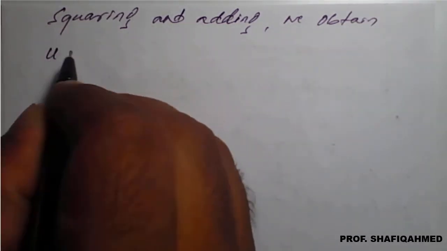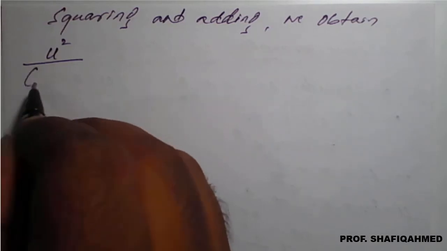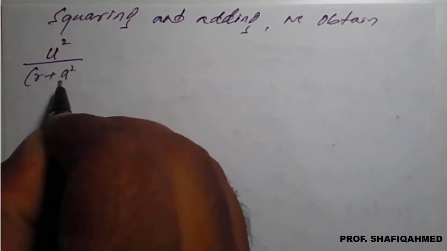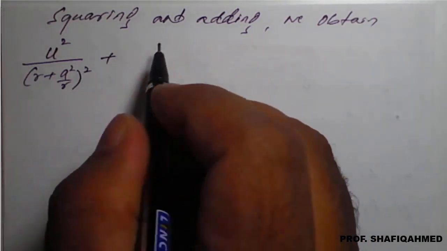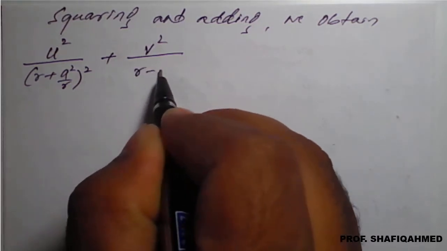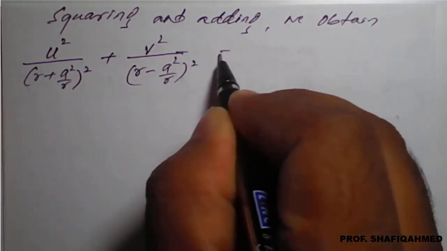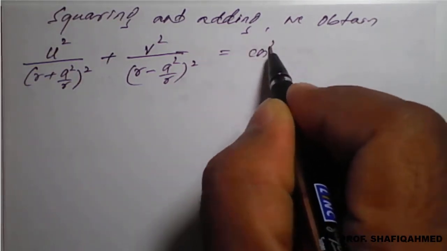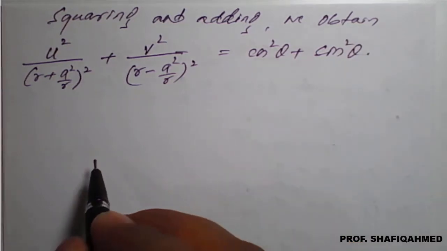So squaring and adding, we get u square divided by (r plus a square upon r) whole square, left hand side of u, and v square divided by (r minus a square upon r) whole square, right hand side will be cos square theta plus sin square theta.